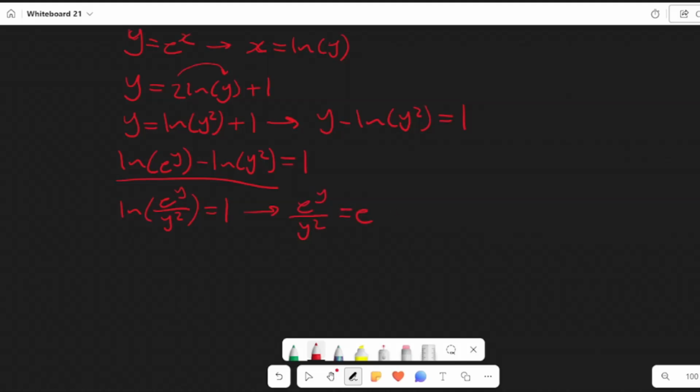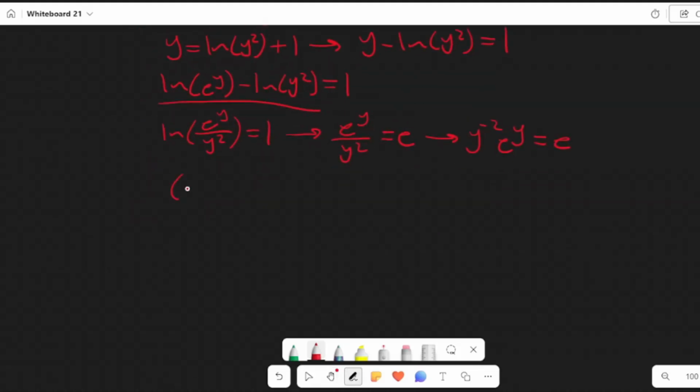And as I said, when we divide by an exponent here, we can rewrite it as y to the negative 2 times e to the y, because y to the negative power is essentially just a division, if you think about it. So what we can do now is take the square root on both sides. Or actually, what we can do is raise everything to the negative 1/2 power.